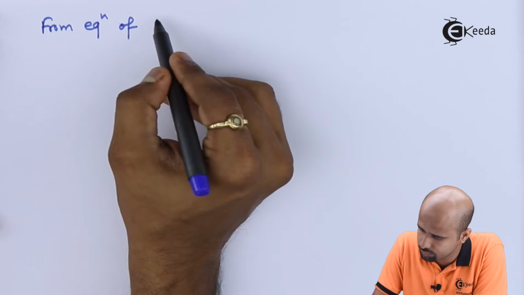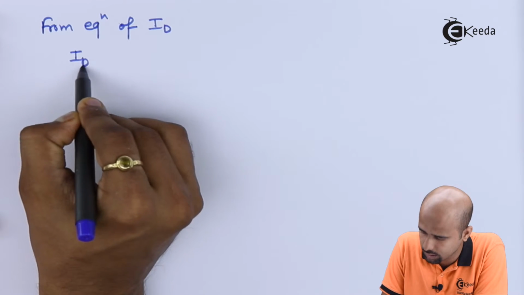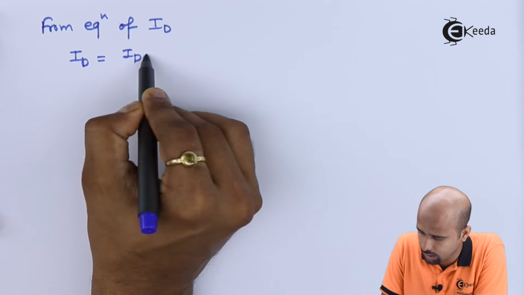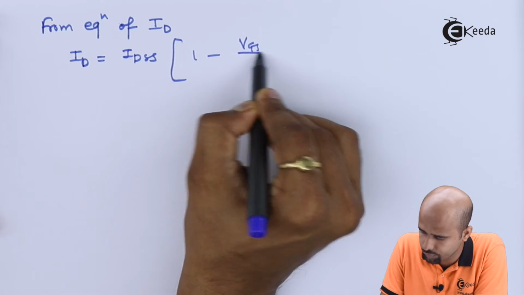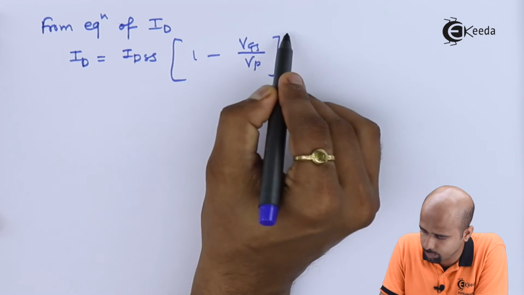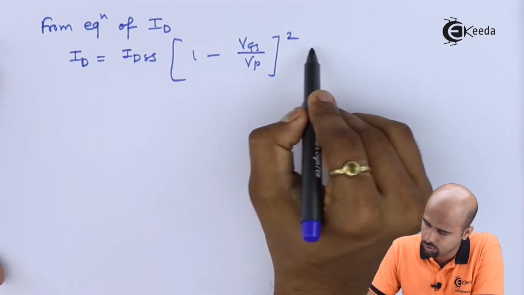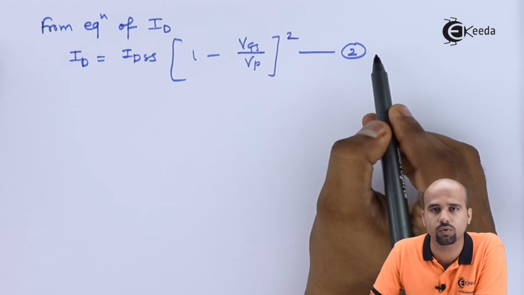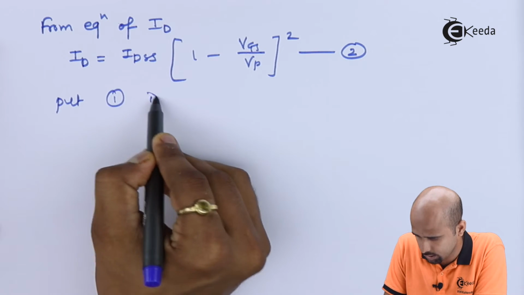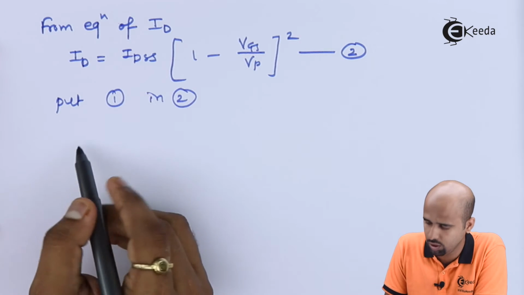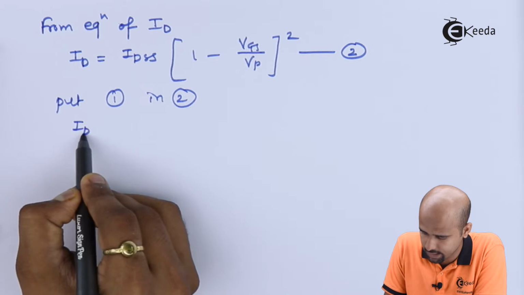From the equation of ID, we will get ID is equal to IDSS 1 minus VGS divided by VP the whole square. Say that this is equation number 2. Put 1 in 2. We do get, what is ID? We'll keep this as it is.